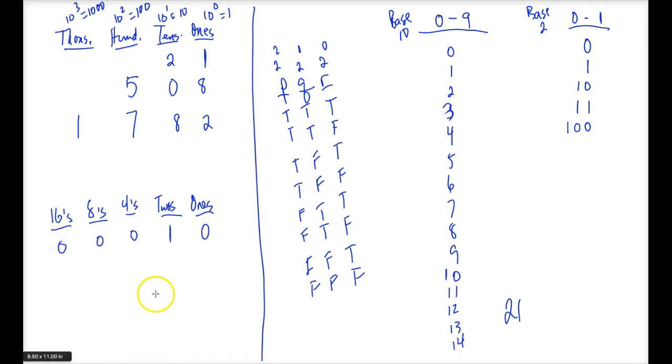If I wanted to form the number 3, then I would have one group of 2 and one group of 1, and of course zeros everywhere else. If I wanted to form the number 4, then I would have one group of 4 and no other groups.